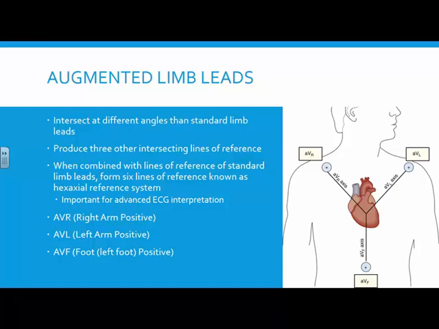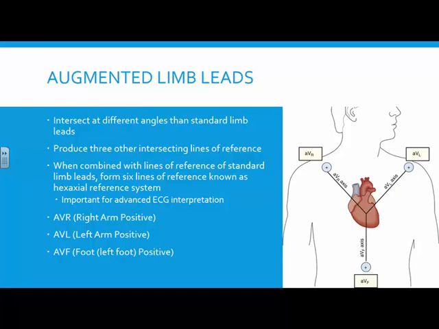So it's kind of showing what's happening in the inferior part of the heart. Alright, your AVL is actually a lateral lead. It's showing what's happening on the lateral aspect of the heart. Okay, but it's high lateral. AVL is high lateral, whereas AVF is showing inferior.